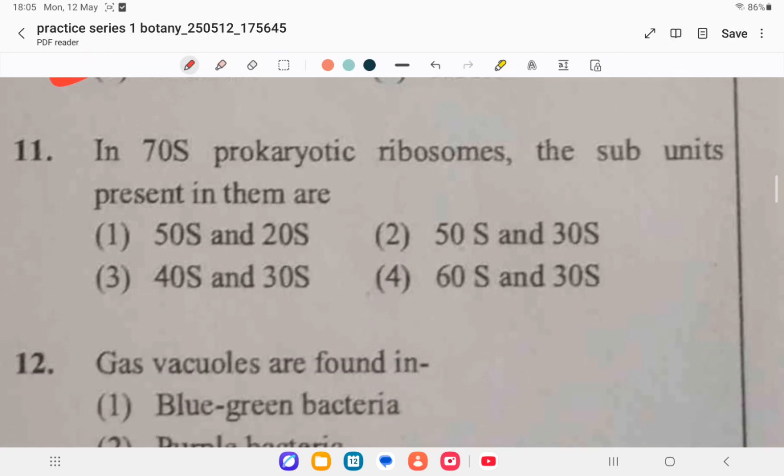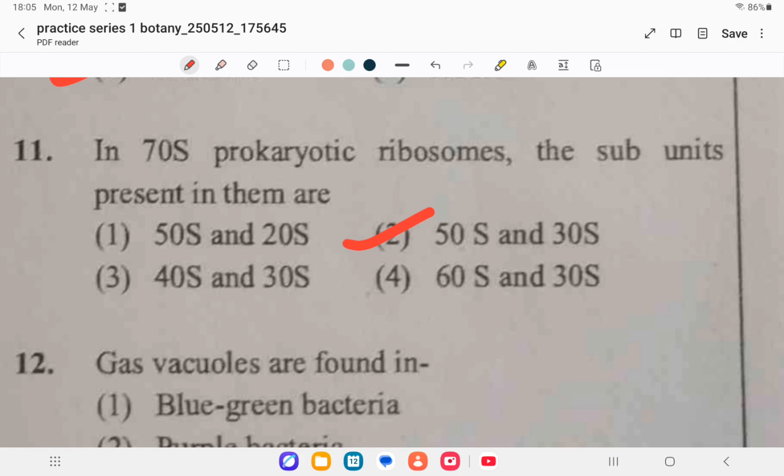Now question number 11. In 70S prokaryotic ribosomes, the subunits present in them are? The answer is option 2, 50S and 30S. S here stands for the Svedberg unit, or sedimentation coefficient, which we get when we centrifuge. The part which settles below is 50S, and the part that settles above, the smaller unit, is 30S.